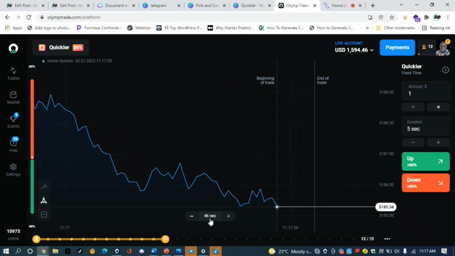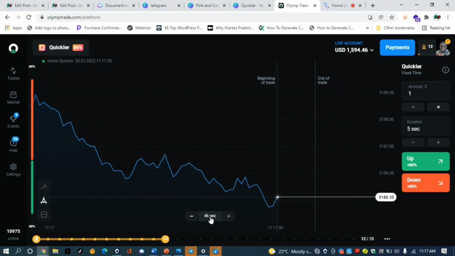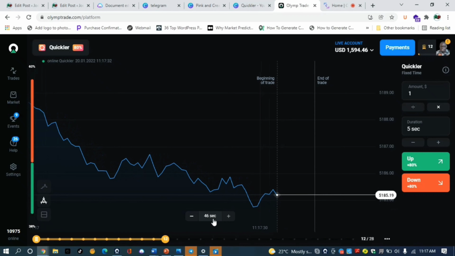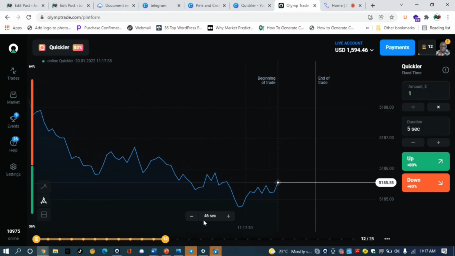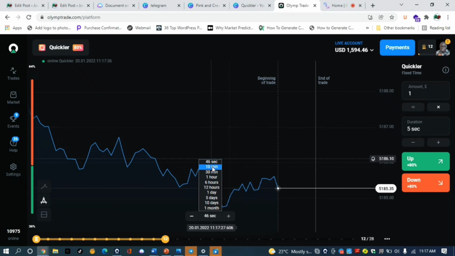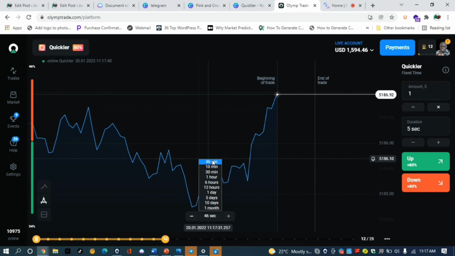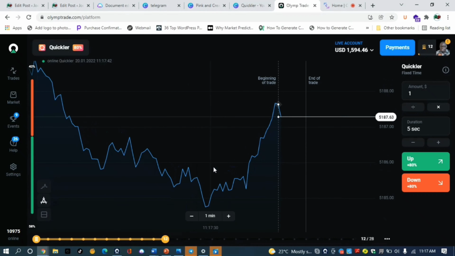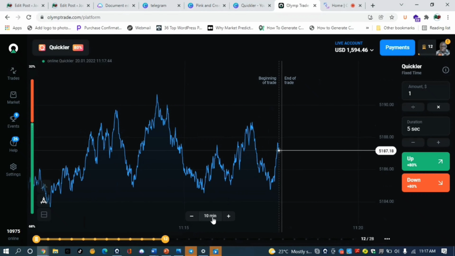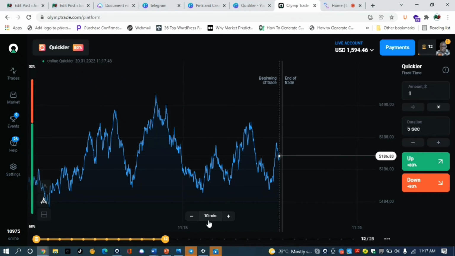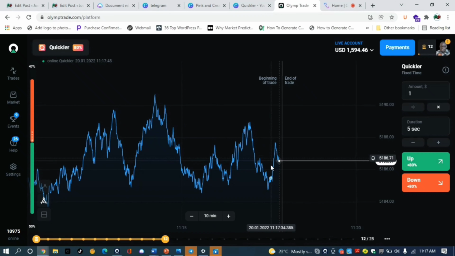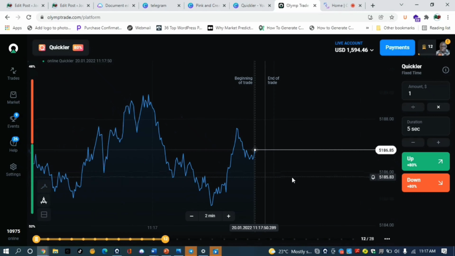Okay, so if you look at the time frame at the moment, the time frame is set at 46 seconds. That is, I think, the minimum that you can do on this strategy. The minimum time frame. You can still expand it and make it even smaller to see whatever happens.